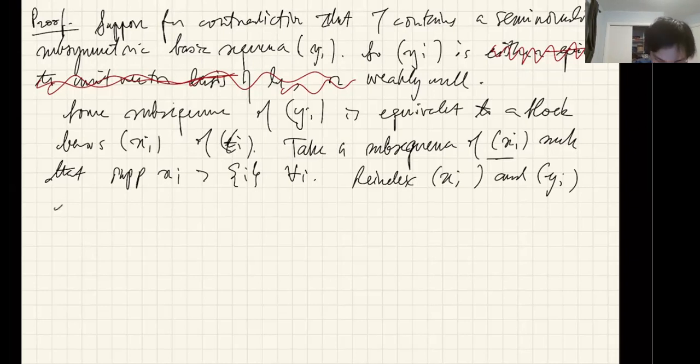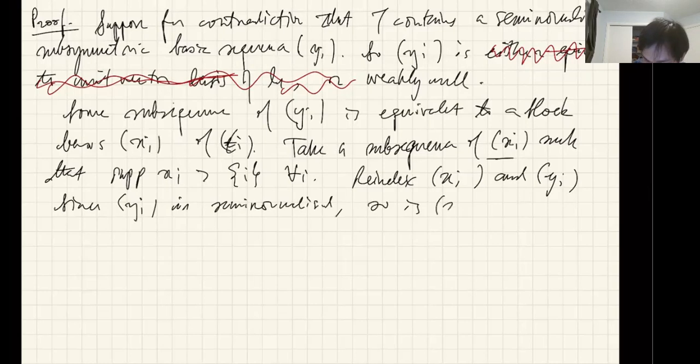Okay, so we reindexed, so we're now working with subsequences. Since yi is semi-normalized, so is xi. Okay, and why is that? Well, xi and yi span some spaces, and they're linearly homeomorphic, they're isomorphic.